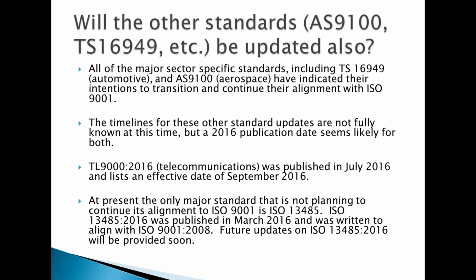In terms of transition timelines, the understanding that we have is that those standards are going to abide by the September 2018 cutoff for ISO 9001. So they'll all be pushing for the transition at the same time. Now that may change, but that is the current information that we have.